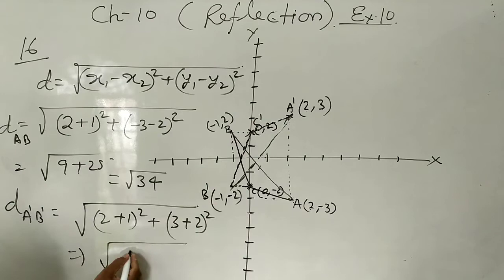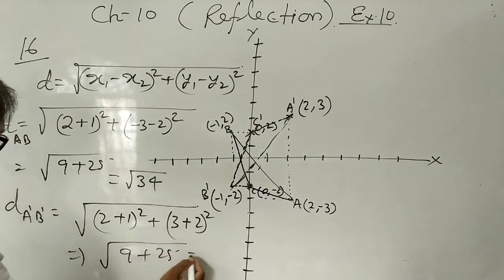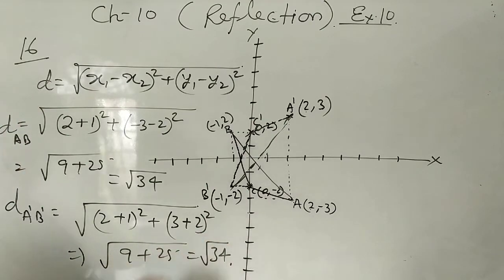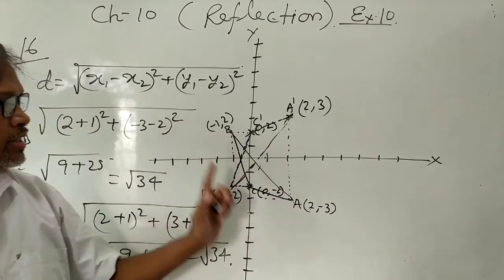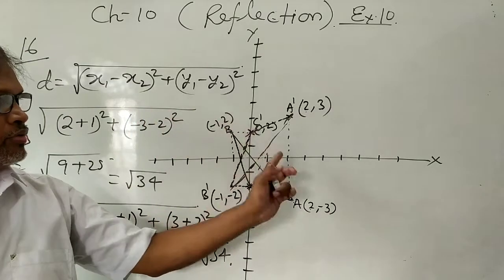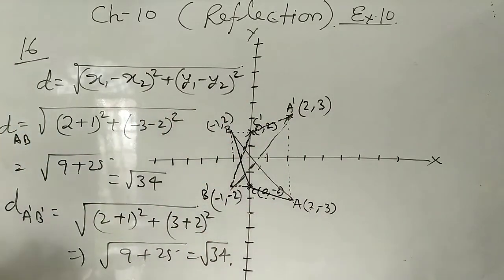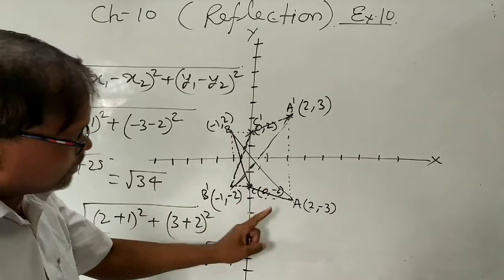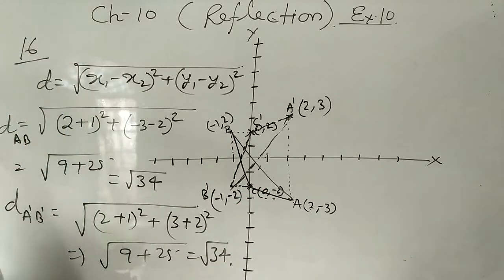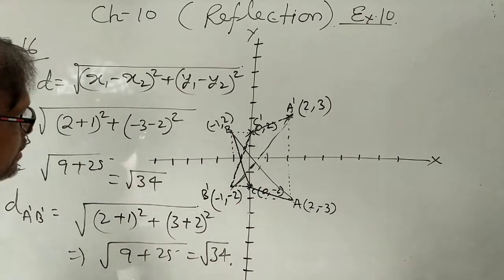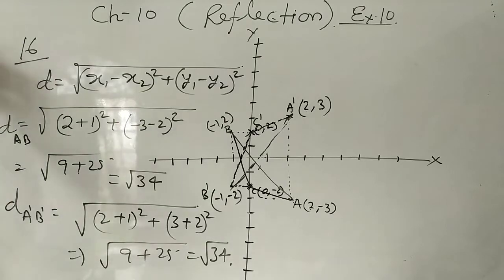So it is also 9 plus 25 means √34. The same distance, AB is equal to A dash B dash. Similarly, BC is equal to B dash C dash and AC is equal to A dash C dash. It means the triangles are congruent by using SSS property after congruence.